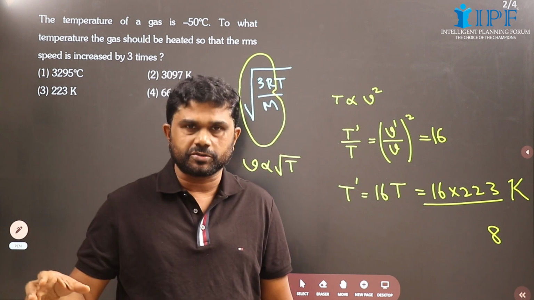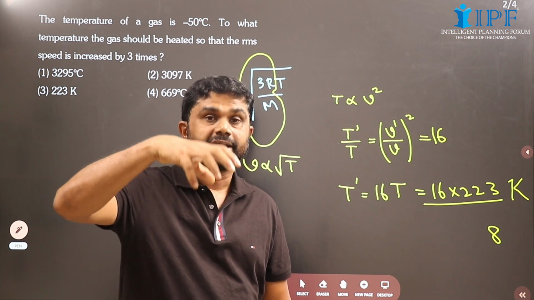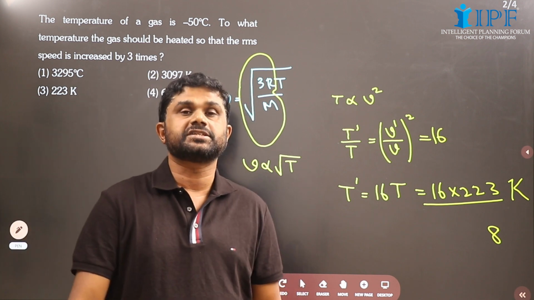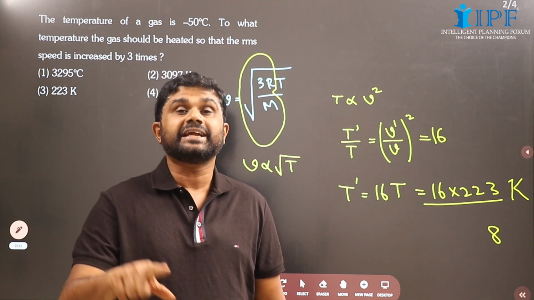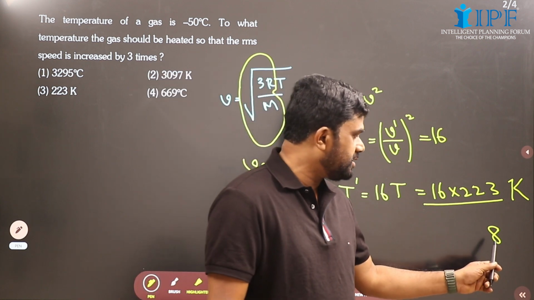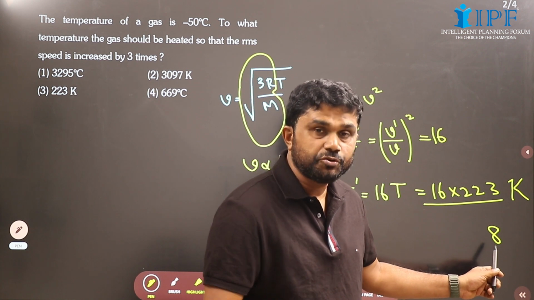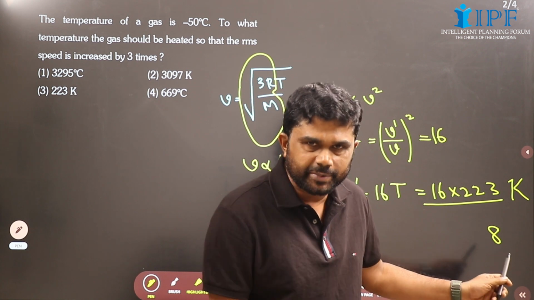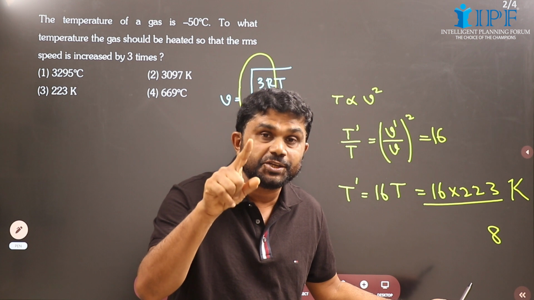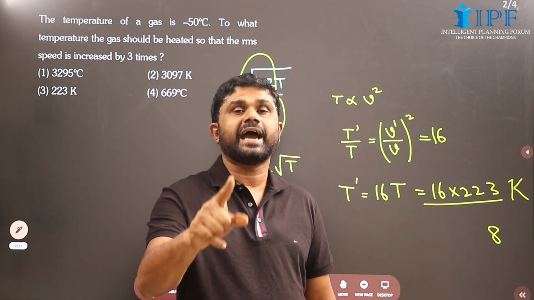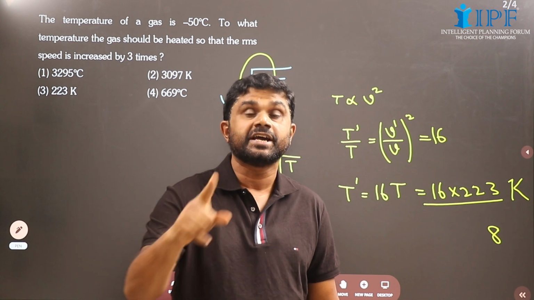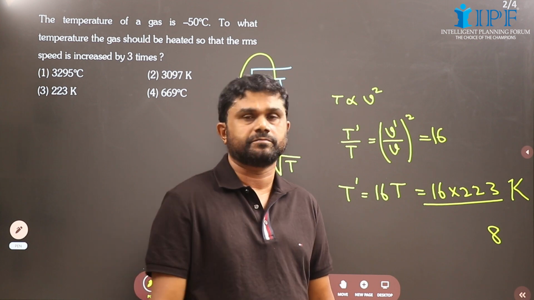In the reverse process, from Kelvin to degree Celsius, you subtract 273. The temperature in Kelvin has 8 in the unit position, and when you subtract 273, you subtract 3 from 8, so in degree Celsius the answer must end with a 5.